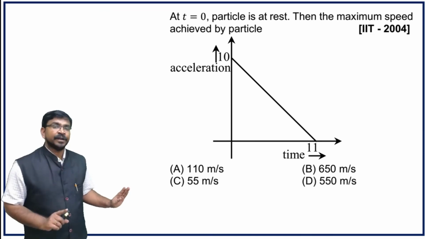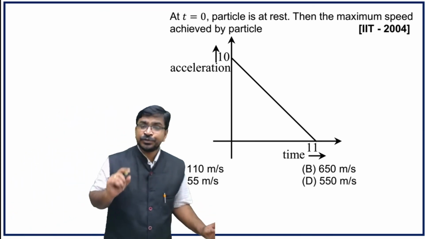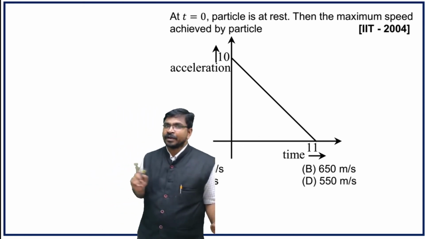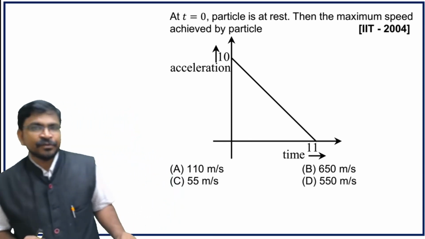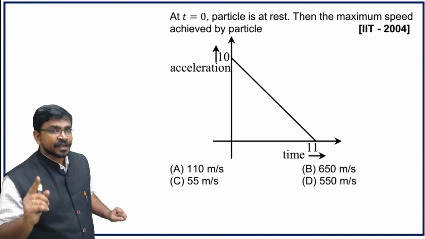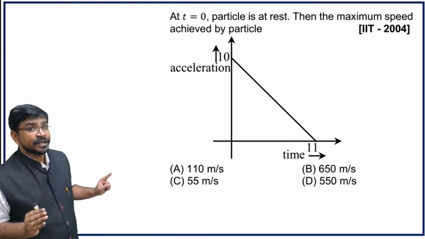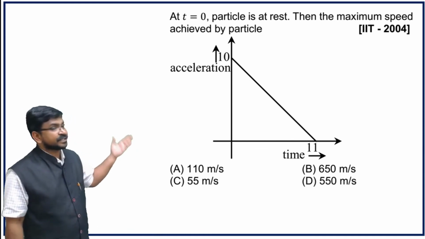But for speed, only the magnitude of the velocity. So for speed and distance, the area should always be added, not subtracted, even if it is below the x-axis. And here it is very simple, from acceleration, find speed.